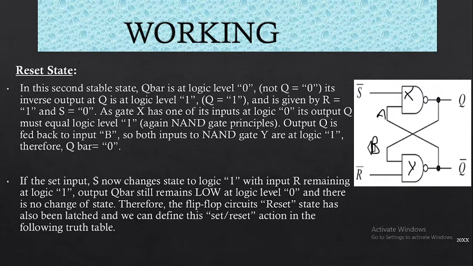So basically there is no change in the state whenever the input becomes S equals 1 and R equals 1. Again, the reset state has been latched, with Q bar becoming 0 and Q becoming 1.